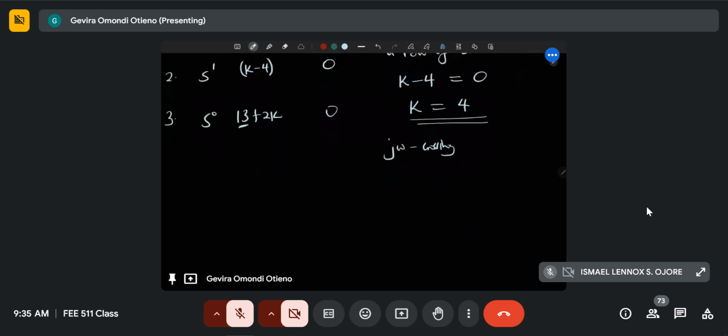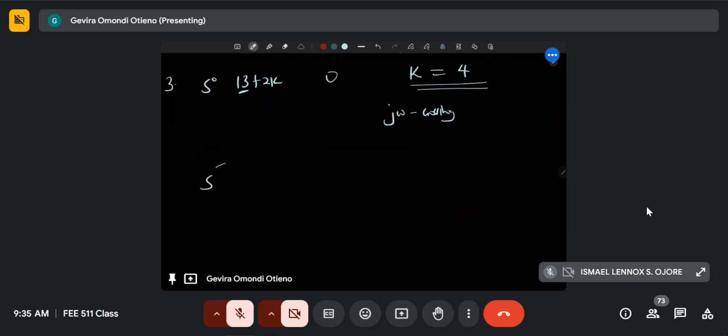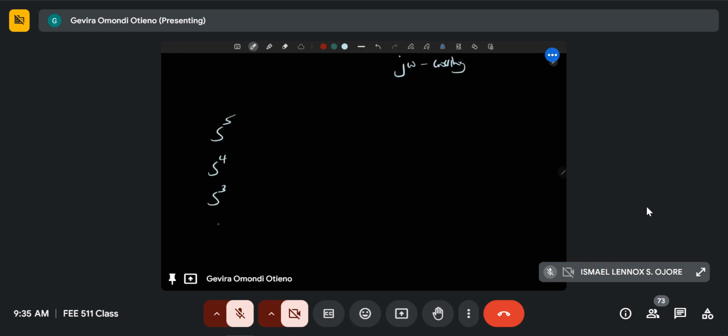So if, for example, I had s to power 5, s to power 4, s to power 3, s to power 2, s to power 1, s to power 0, and let's say this is the row that gives us the gain. I'm just using arbitrary values.